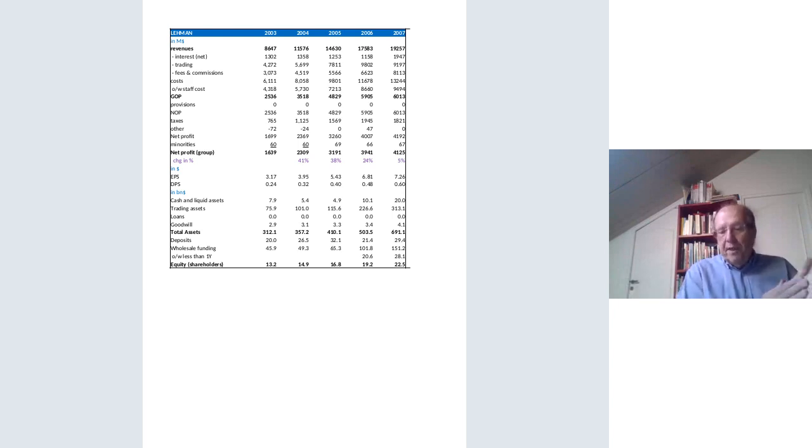And they went bankrupt maybe a couple of days after Lehman. I believe it was beginning of October, maybe 8, 9 of October, 2008. So, a couple of months after Lehman.